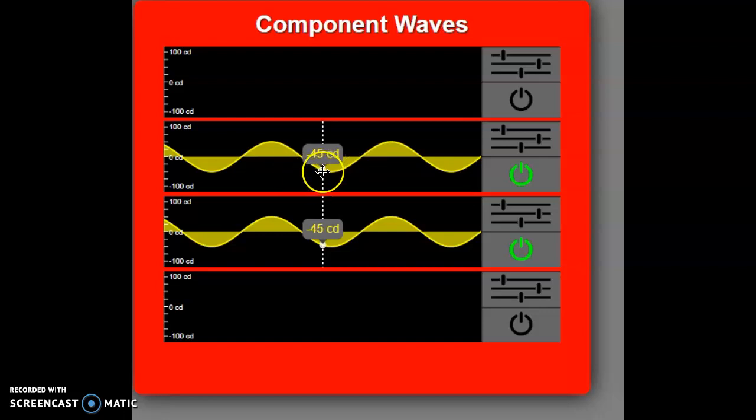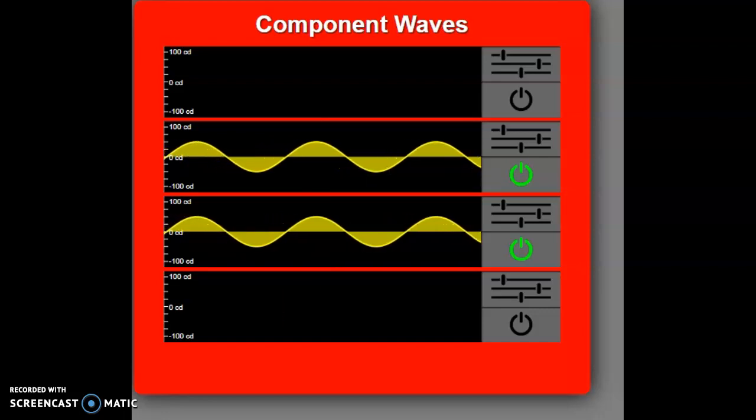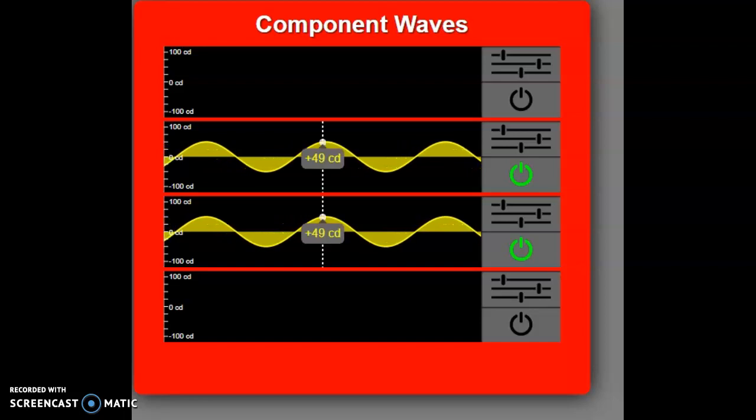Recognize that at the bottom here it is minus 45 centimeter. It is not a condition to be minus 45 centimeter; it might be positive 49 centimeter in each case. So they are identical in wavelength and in phase.